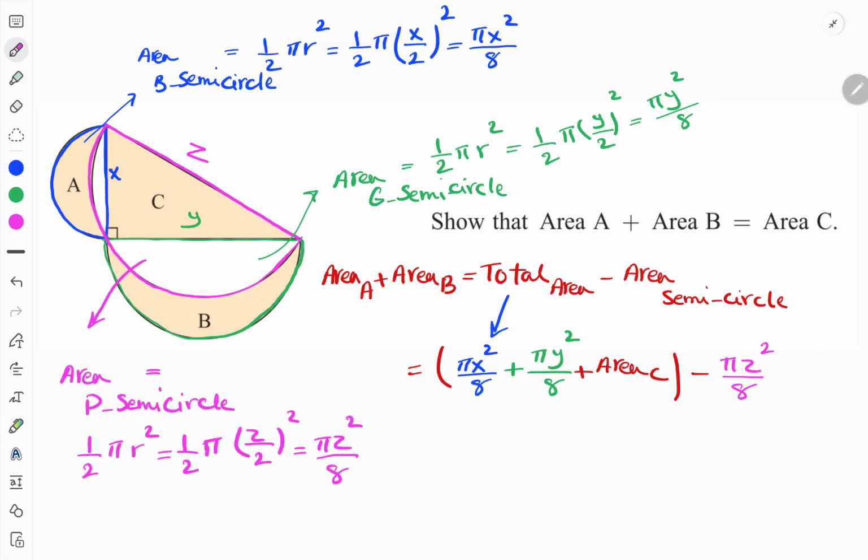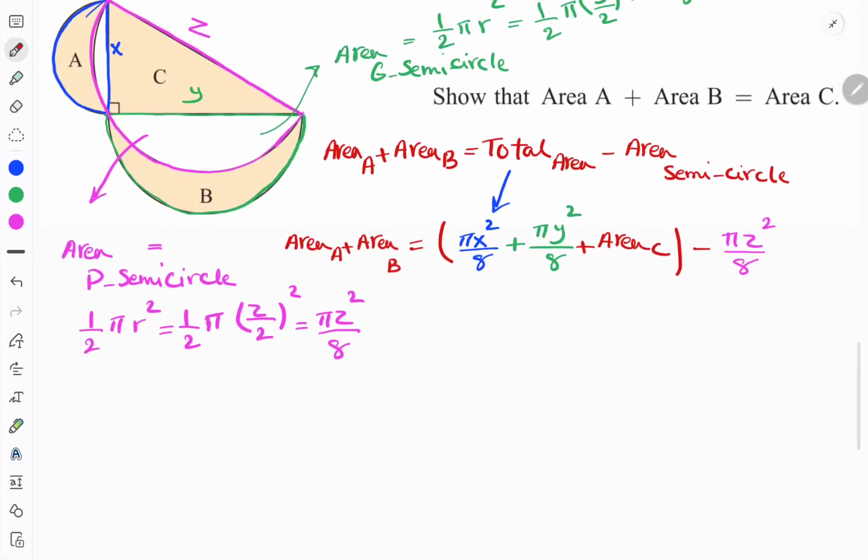So I'm going to simplify this a little bit. Equals P over 8. So I'm going to factorize P over 8 because we have common factor here. So P over 8 times X squared plus Y squared plus area C minus P Z squared over 8.